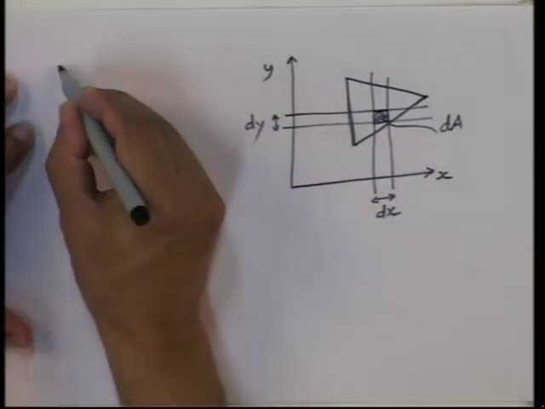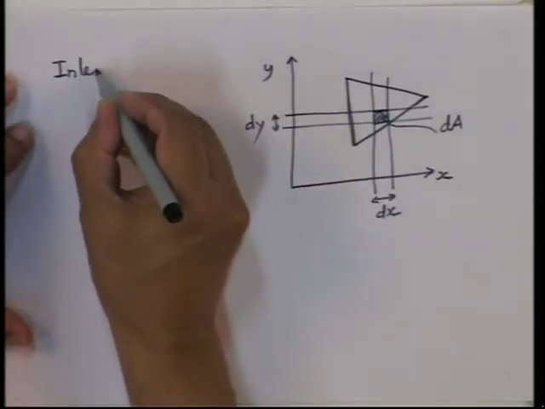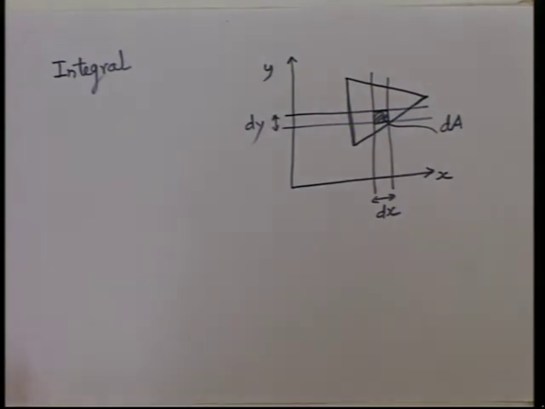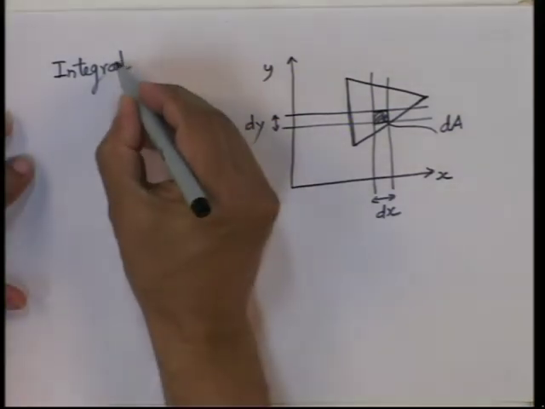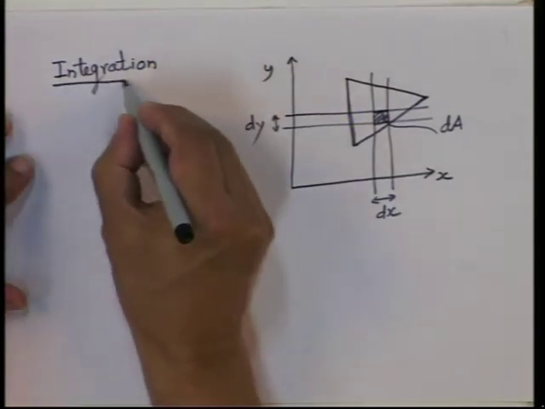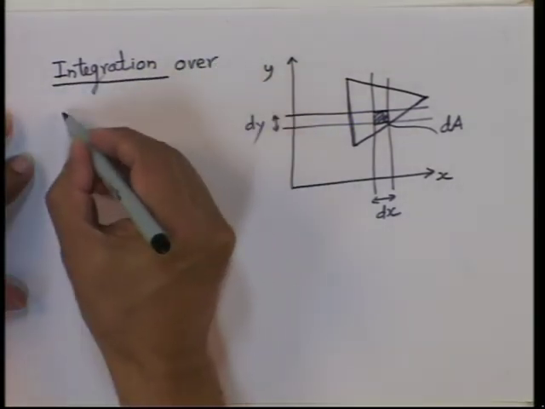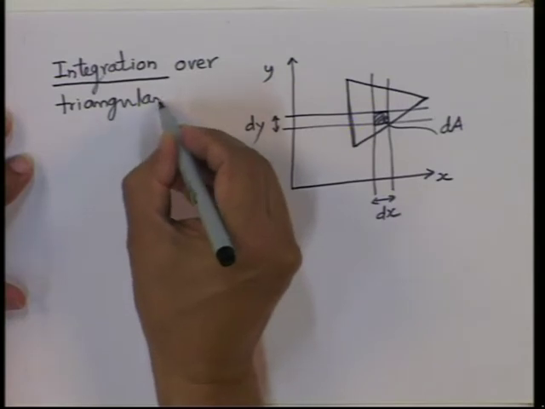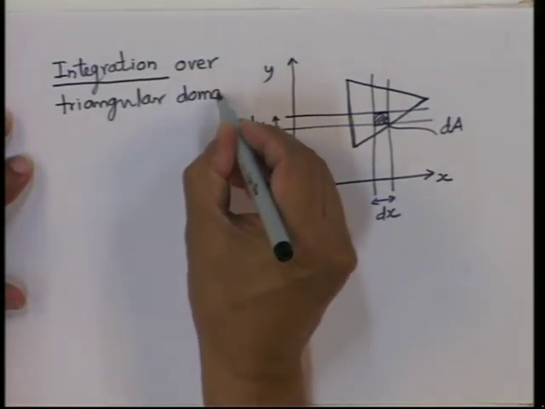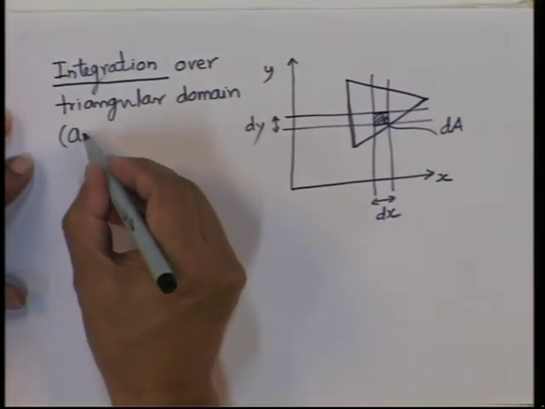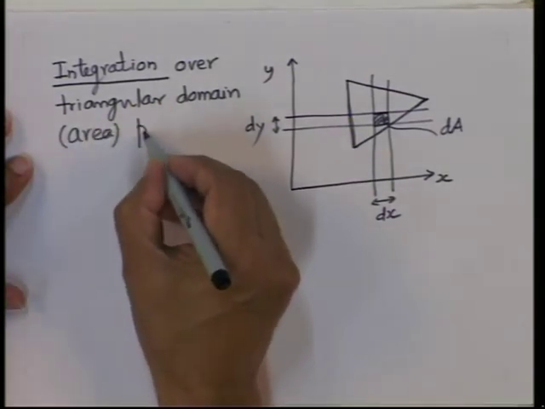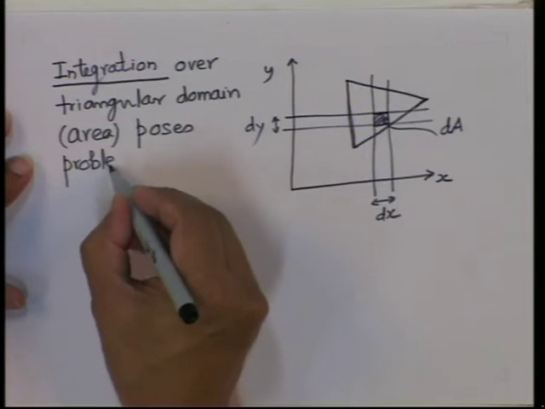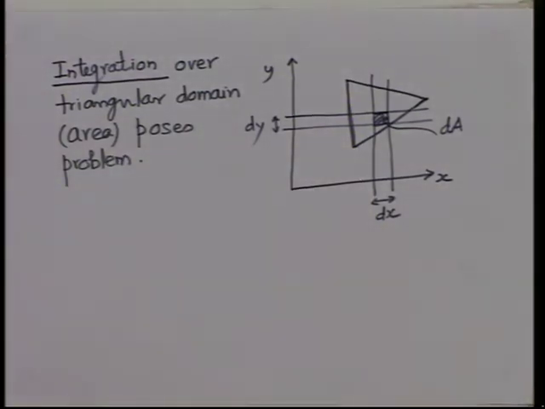So here, although the element is simple, integration over a triangular domain, domain means area, does pose a problem. It is not straightforward.